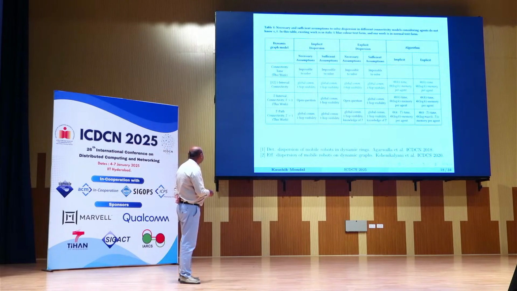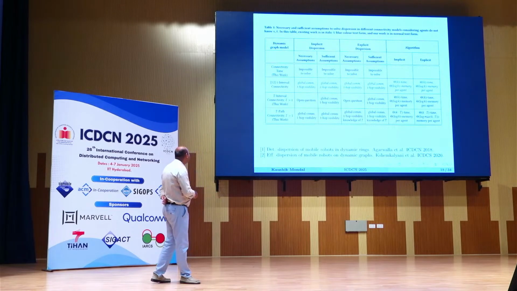So here, these necessary assumptions do not fit in directly. So this can be an open question: are global communication and one-hop visibility still necessary to solve the problem in T interval connectivity, whereas the sufficient conditions are the same, as the algorithm works perfectly.